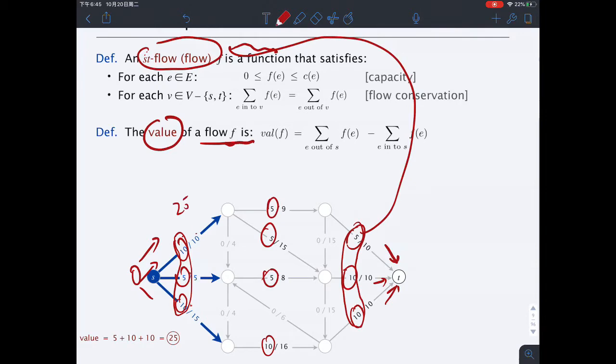Now for here, you can do a back of envelope calculation. If I sum up all these numbers, it's 25. If I sum up all these three numbers, it's also 25. Because of the flow conservation constraint, intuitively, the flow is not going to disappear in the middle of nowhere.